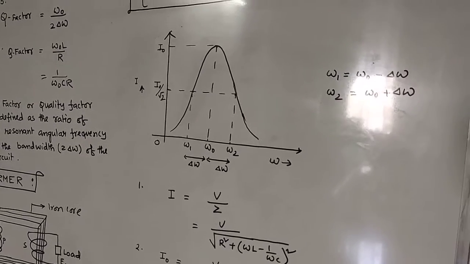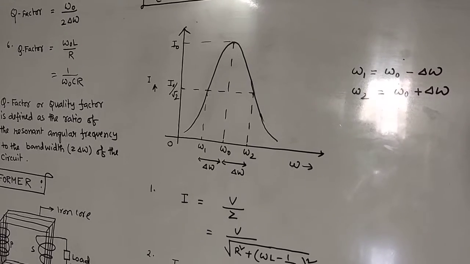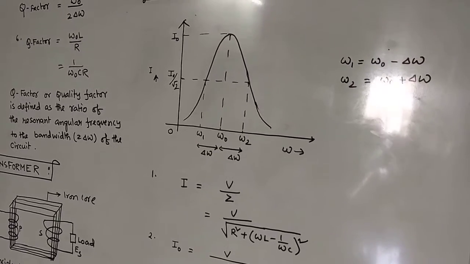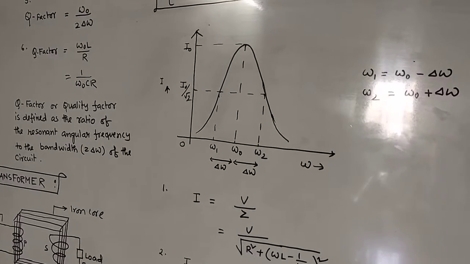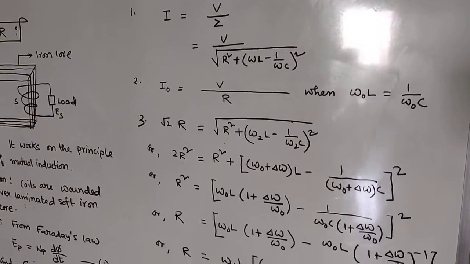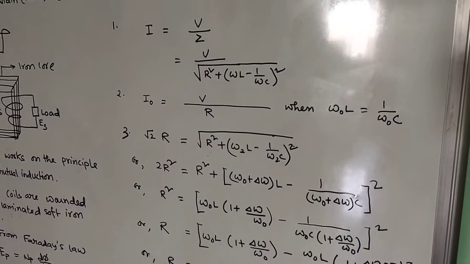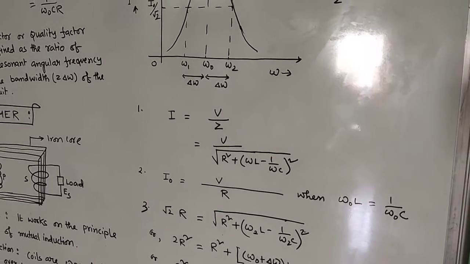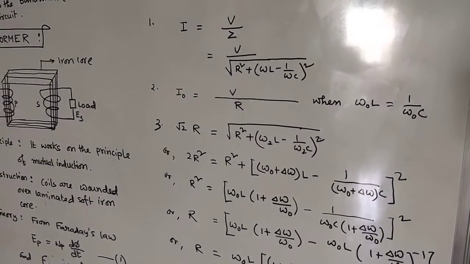As I naught and I naught by root 2 are there, you can generalize that the impedance at omega 1 and omega 2 is root 2 times that of the impedance at resonance. So that's why we have written equation number 3.